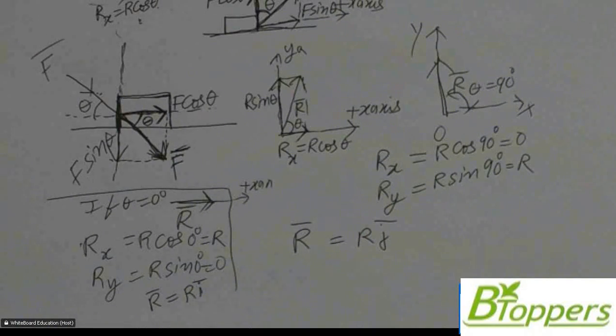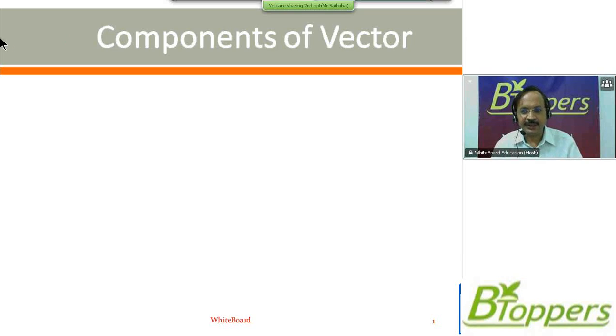Now, I would like to once revise whatever I have taught so far in the rectangular components of vector. So now, I would like to once revise the discussion I have done about the components of vector.